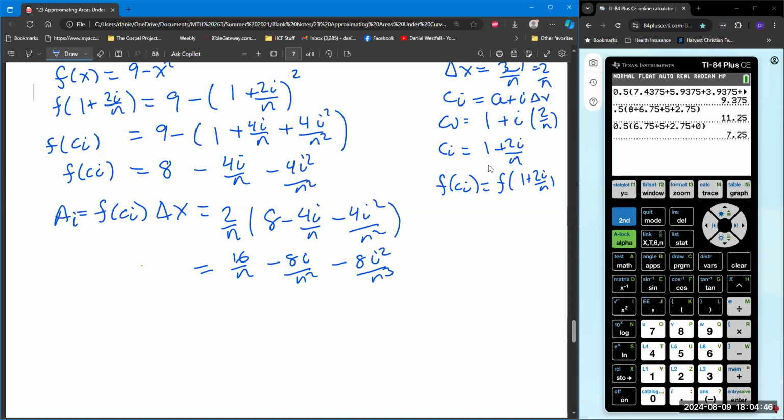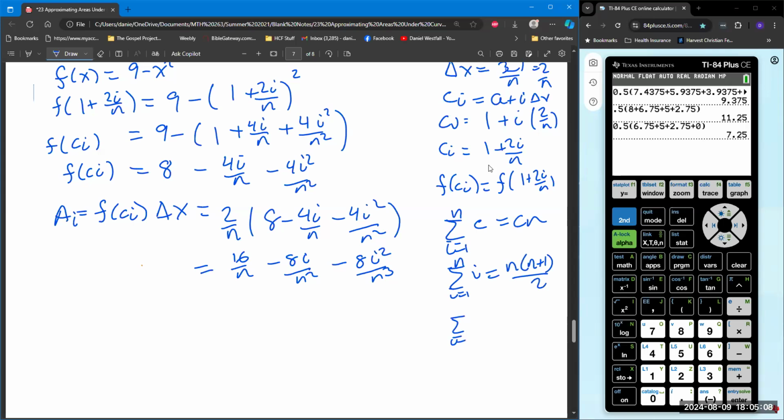Now, before we go any further, I need to show you some important formulas. The sum from i equals 1 to n of a constant c is going to be c times n. The sum from i equals 1 to n of i is going to be n times n plus 1 over 2. These are things you need to memorize.